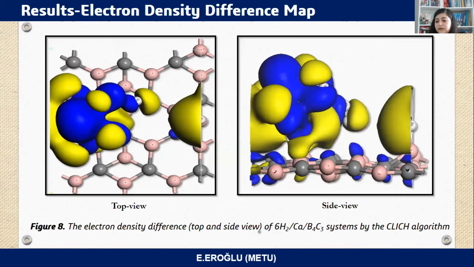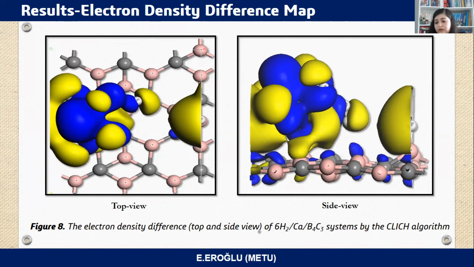To understand the ionic interactions and the charge transfer of the system, we calculated the electron density differences. The electron density differences, top and side view, of the 6 hydrogen molecule adsorbed calcium decorated boron carbon system by the algorithm are given in figure 8.